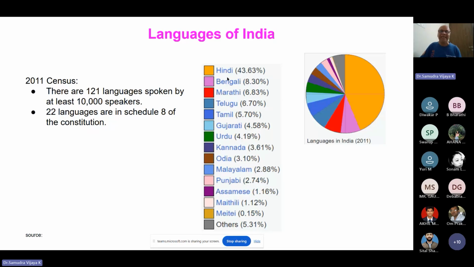As expected, Hindi is spoken by around 44% of Indians, followed by Bengali, Marathi, and so on. And look at this language, Meitei, the Manipuri language, that is spoken by 0.15% of the people, and others are 0.1% or less, and collectively they constitute about 5% of the population of India.